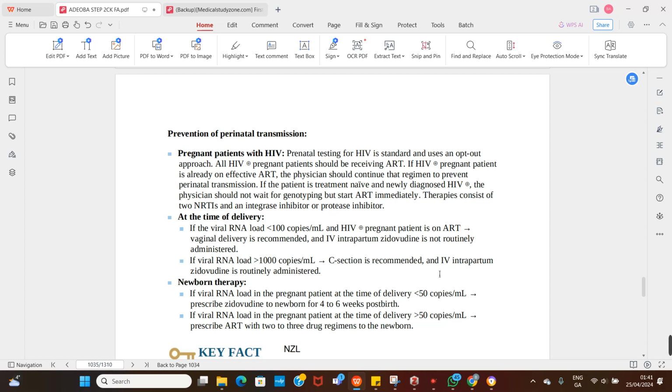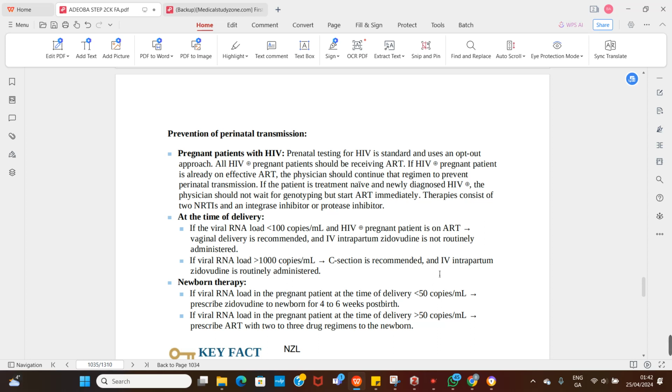But all HIV positive pregnant women must be on HAART, regardless of their CD4 count, regardless of their status. They must be on HAART that is tailored to their need, to their profile, rather. So if any pregnant woman is on any effective HAART, the physician should continue that regimen to prevent perinatal transmission. Very, very important.